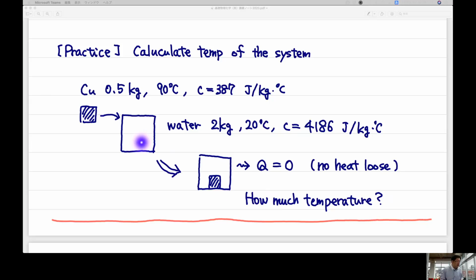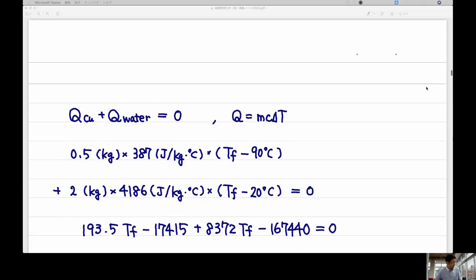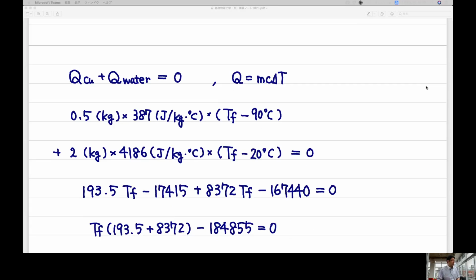The important keyword is mCΔT. So you can calculate the temperature after the mixing by the use of this equation.